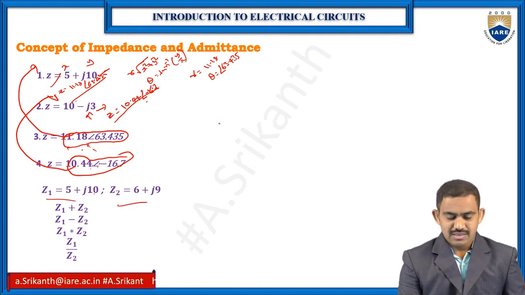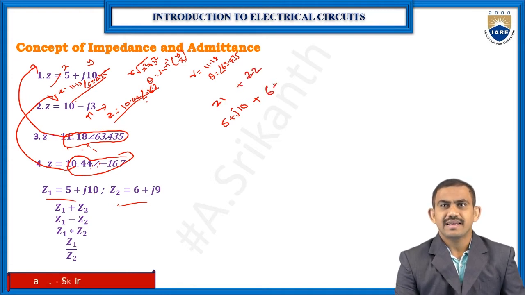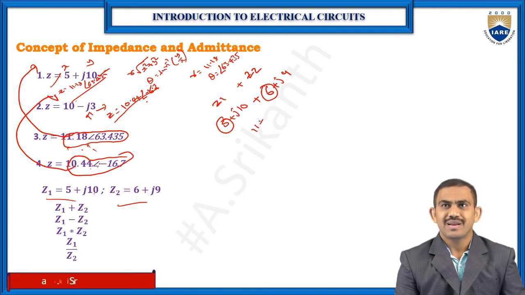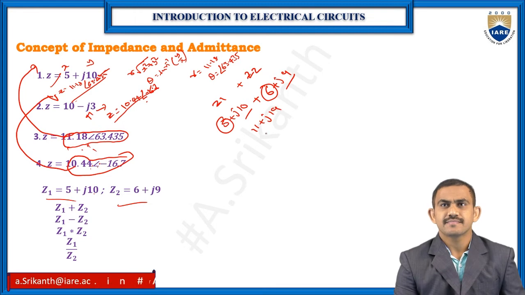Okay, and coming to one more problem, I want to add both z1 plus z2. So for this, my z1 value is 5 plus j10, and z2 value is 6 plus j9. Just add both, simple. Real value is 11 plus imaginary value is 19.